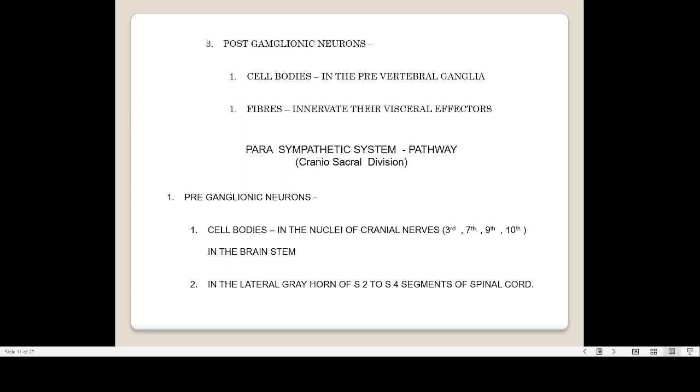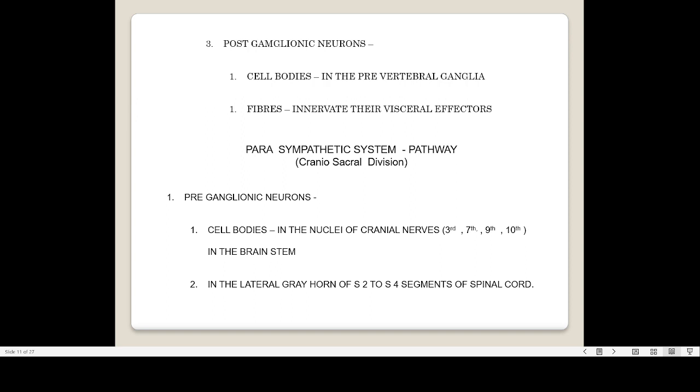Now the parasympathetic pathway is usually called the craniosacral division. The cell bodies of the preganglionic neurons are located in the nuclei of cranial nerves in the brain stem. Those cranial nerves are the 3rd, 7th, 9th and 10th.